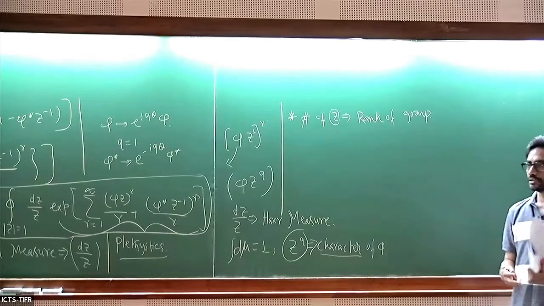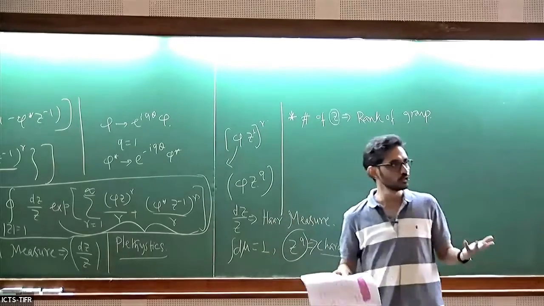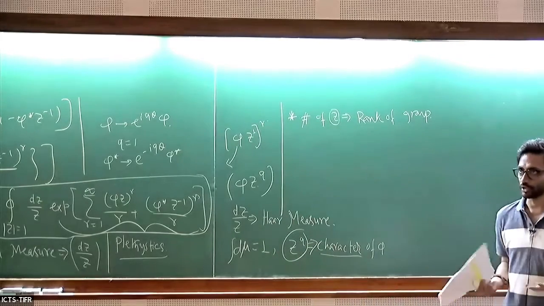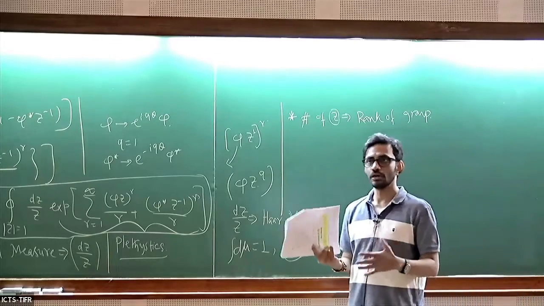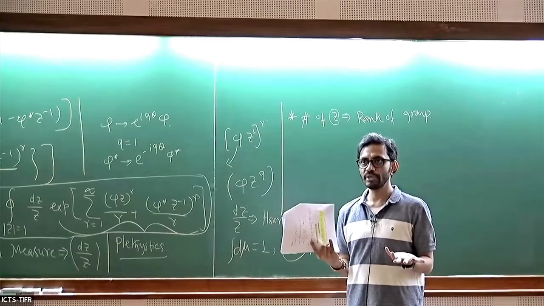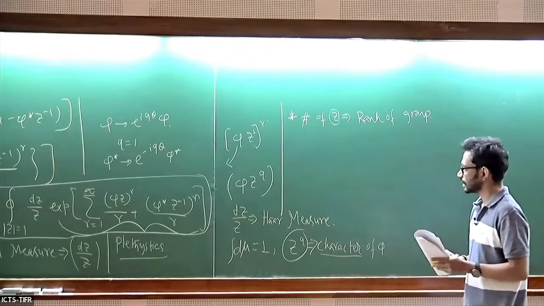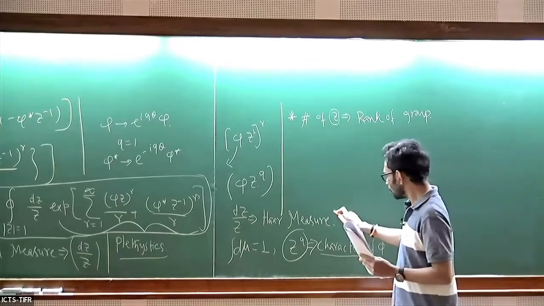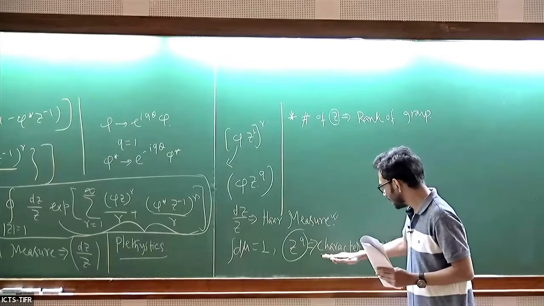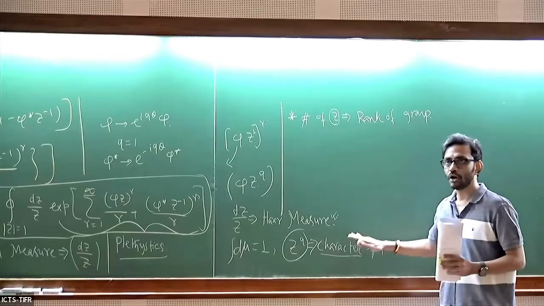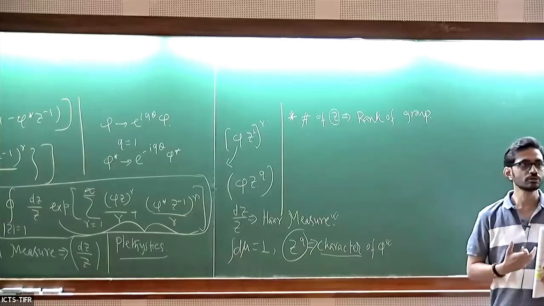For the standard model, what other symmetries do we have? SU2, SU3 and so on, and SU2 and SU3 certainly have a non-abelian nature. So we have to learn how to generalize these two quantities, the Haar measure and the character, corresponding to different representations of those different groups.